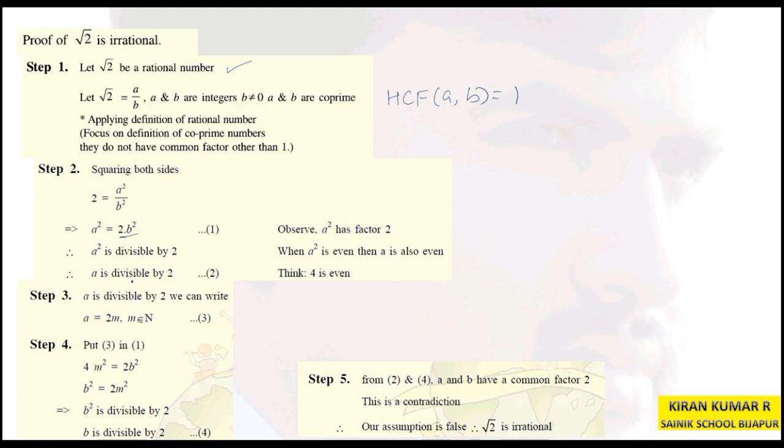This implies a is divisible by 2. Observe, a square has a factor 2. Then a square is even, then a is also even. Think, 4 is even, then 2 is even.